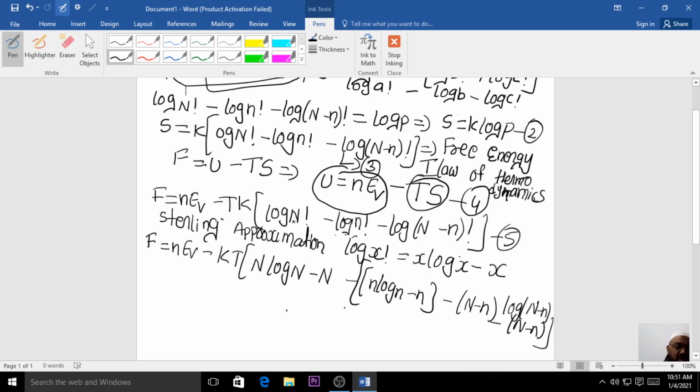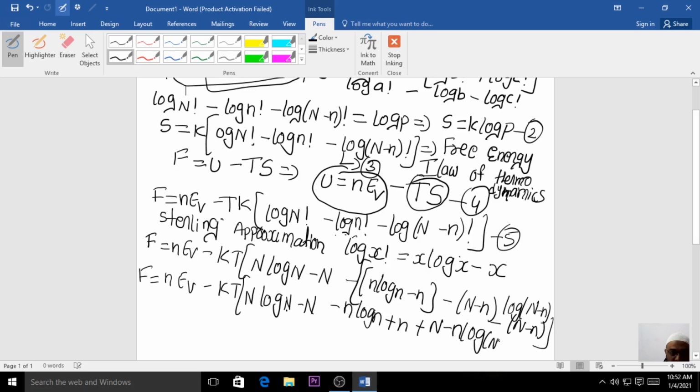Now when we write this as F is equal to n into EV minus KT, you can see n log n minus n. So minus n log n, this will go inside, plus n it will become. Next this will be plus n minus n log of n minus n.